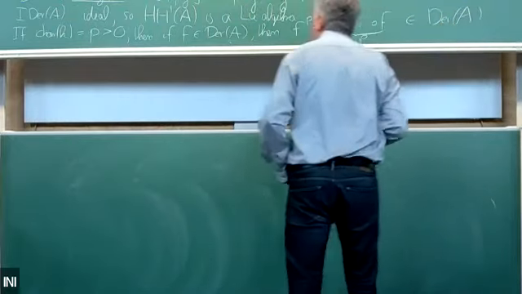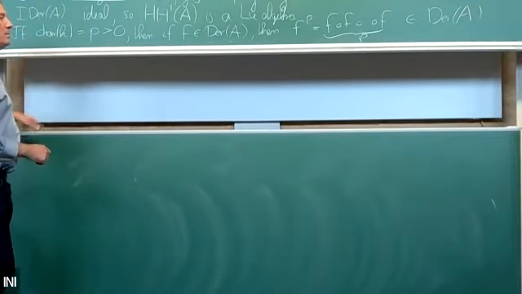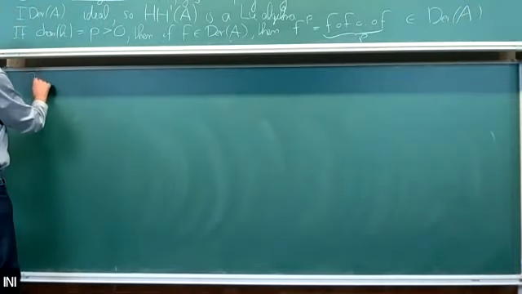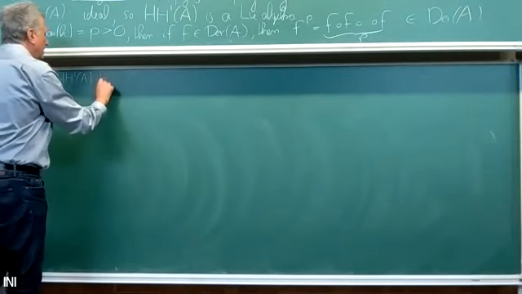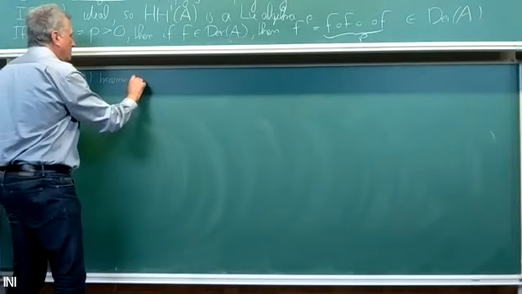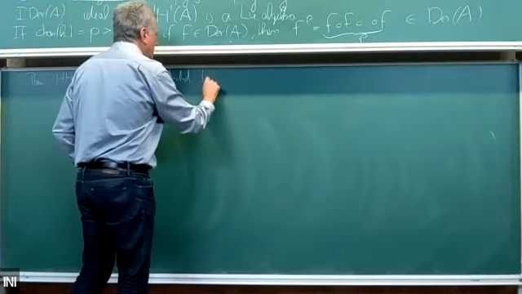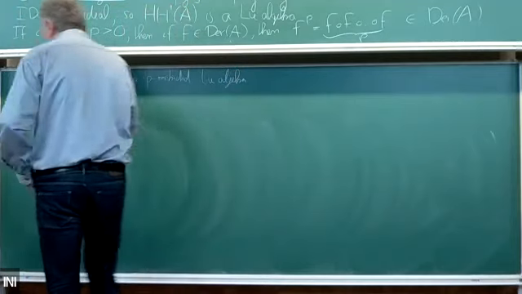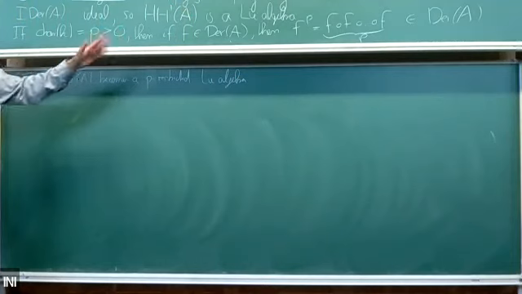And that turns the derivations, the HH^1, into what's called a p-restricted Lie algebra. So HH^1 becomes a p-restricted Lie algebra.